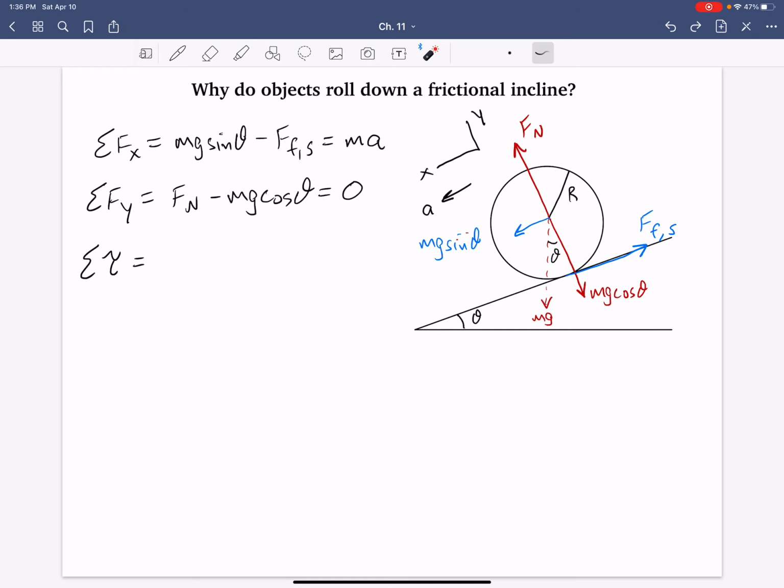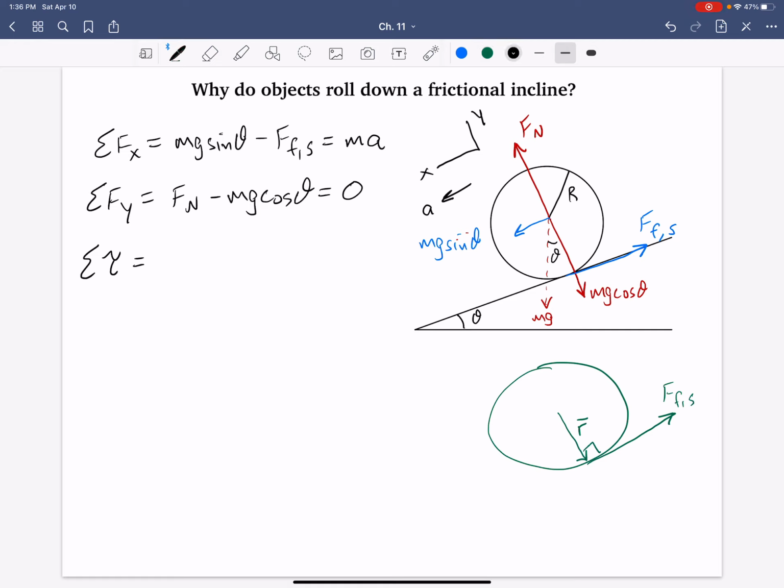Right? So what we have is, I'm going to redraw it down here. Something like this. This is now our radius vector, and the force is perpendicular to that. So now our torque, that's always R cross F, right?